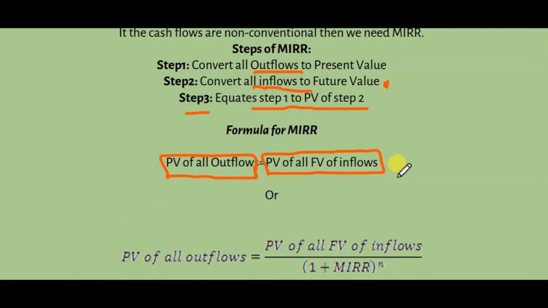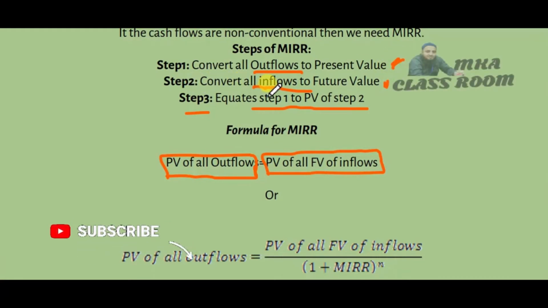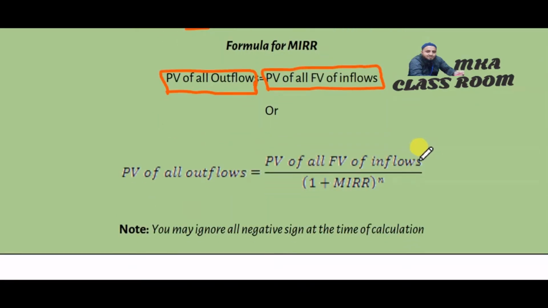Present value of cash outflows is the present value, and in the second step we convert all cash inflows to the future value, and in the third step this future value should be converted to present value. Whenever these two values are equal, then we can find our MIRR. Here is the formula.